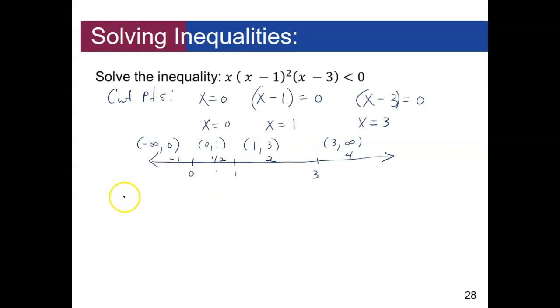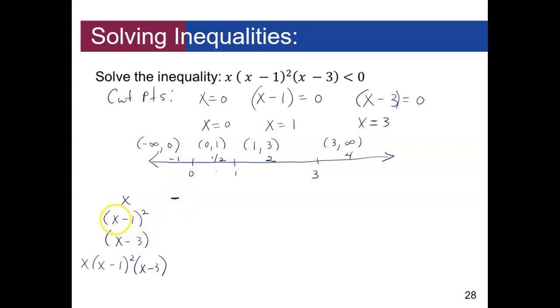Okay, so we've got to plug into x. We've got to plug into x minus 1. This is where we do need to consider the square. So x minus 1 squared, and then x minus 3, and then we're going to look at it all together. Okay, this first interval here, if I'm plugging a -1 in, I'm going to have a negative.